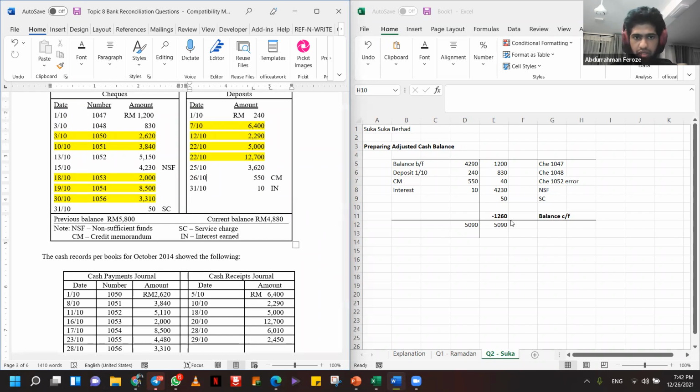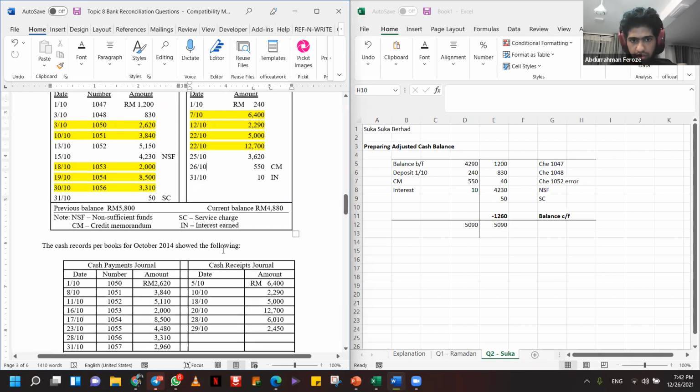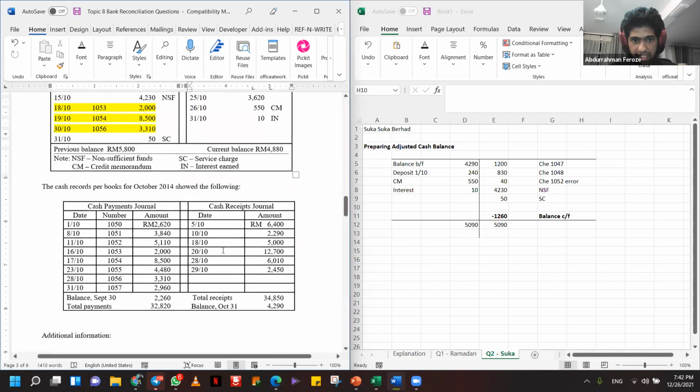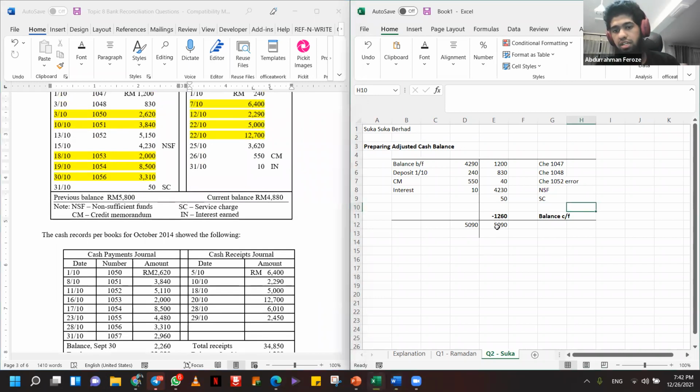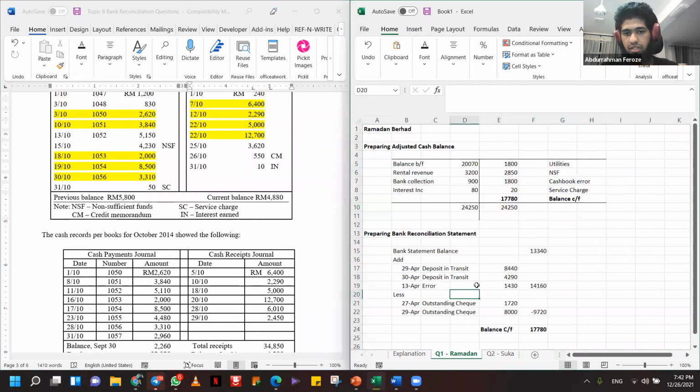All right. So this is... it's negative. Sometimes it can be negative as well. So the adjusted cash balance is negative 1,260.